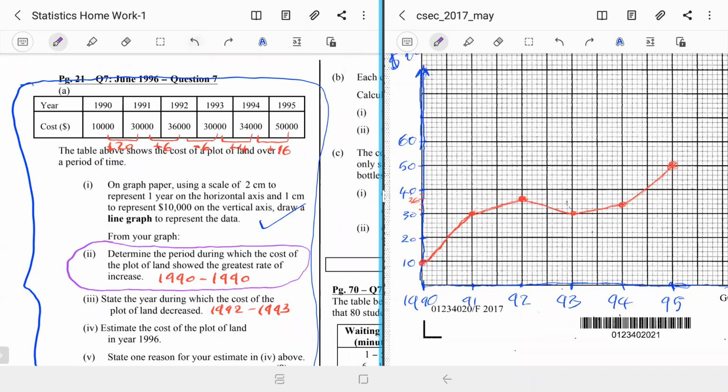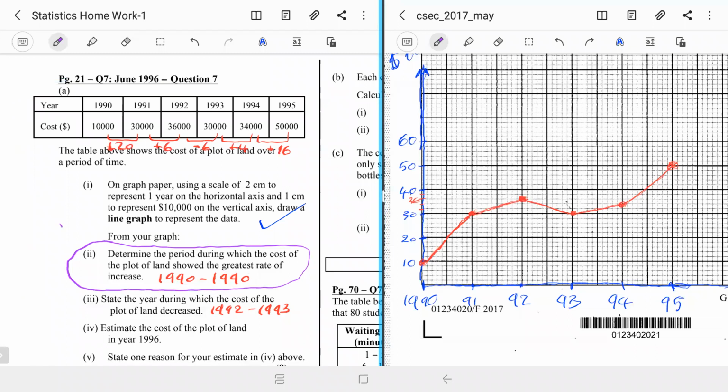They want you to get it from the graph. Remember, in statistics, you can interpret things from a graph. So what feature of the graph can be used to determine when we had the greatest increase or greatest decrease? Somebody tell me. What feature of the graph can we use?